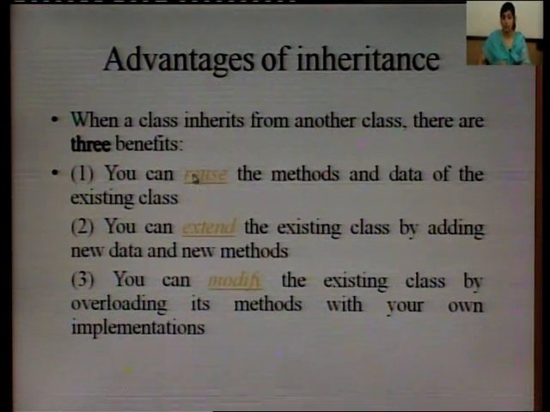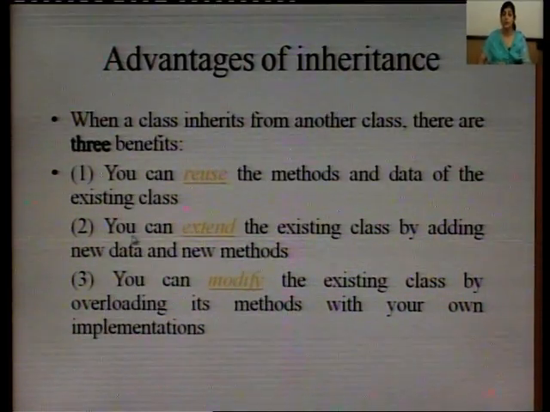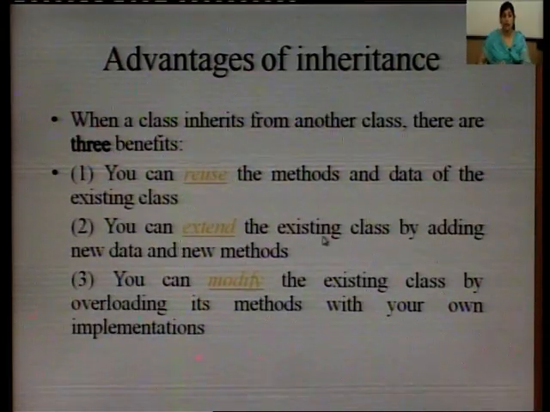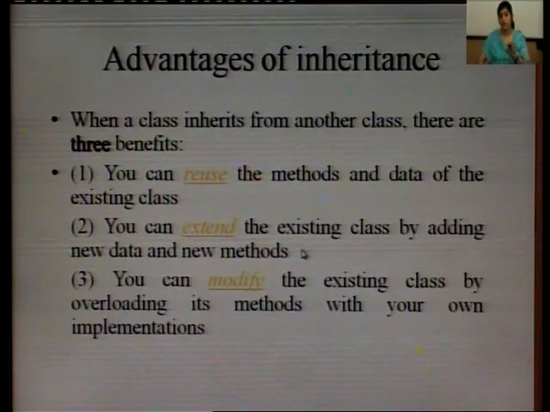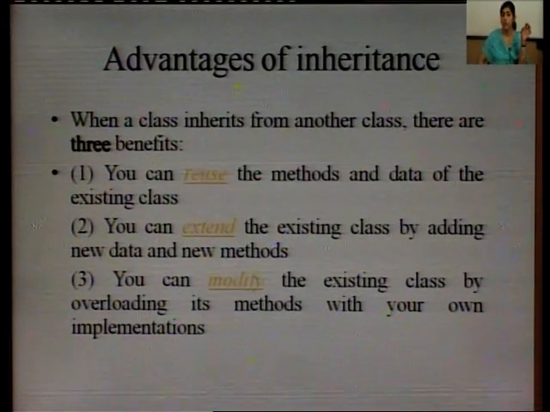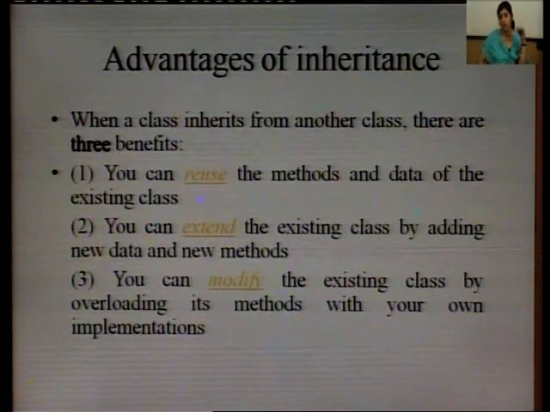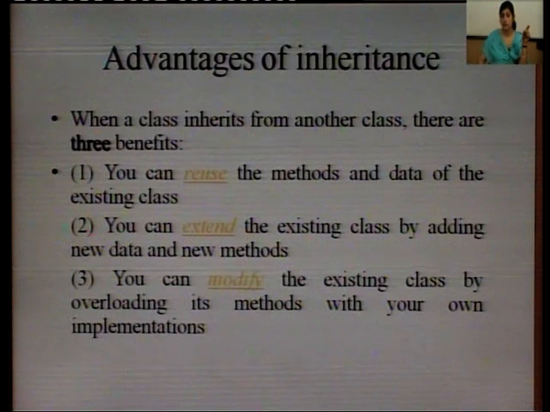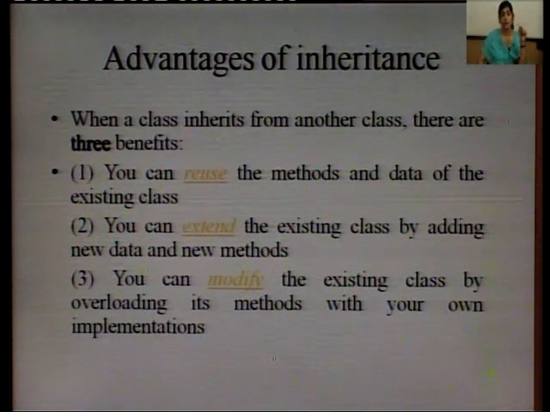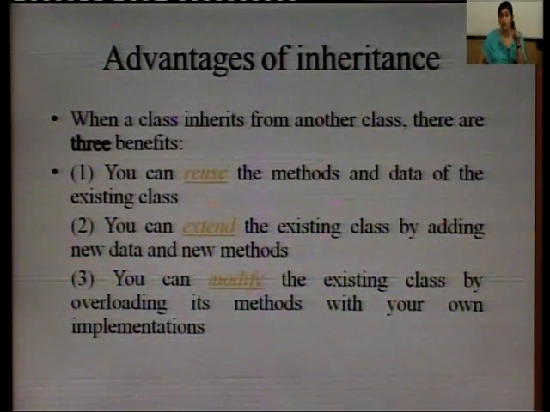The second, note down this concept, is that we can extend the existing class by adding new data and new methods. If we use the inheritance concept, with the base class declared and a new class derived from it, then the derived class can reuse the data already present in the existing class, and it can have its own features and its own data declared in that class only.